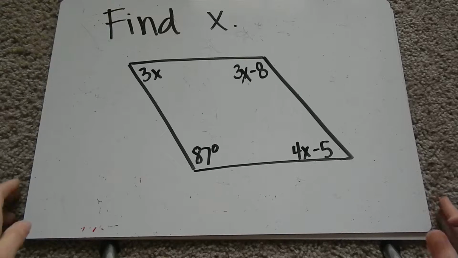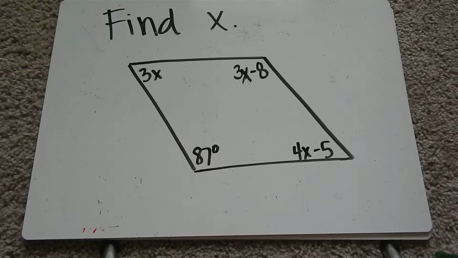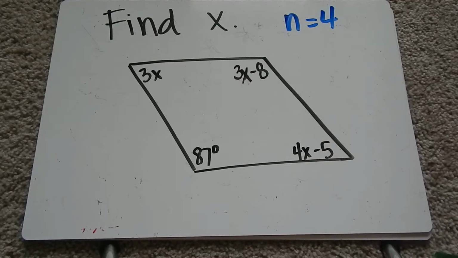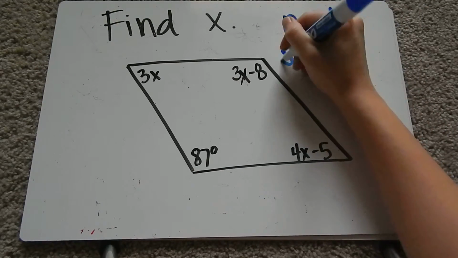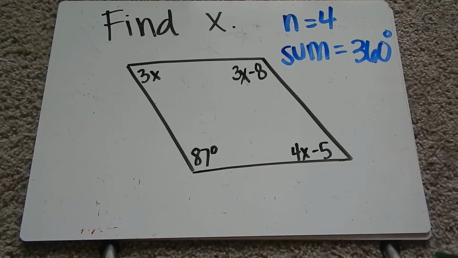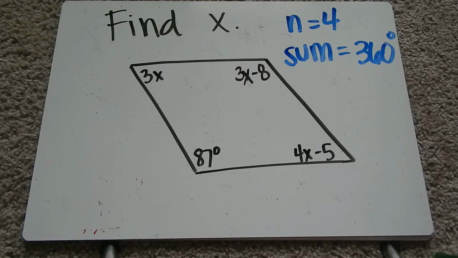And our last example says find x. To get x, we want to add up all the angles, and that's going to be equal to the sum of the angles. Here I have a quadrilateral, 4 sides. The sum of all the angles, if I plug that into my formula, is 360 degrees. So let's set up an equation.